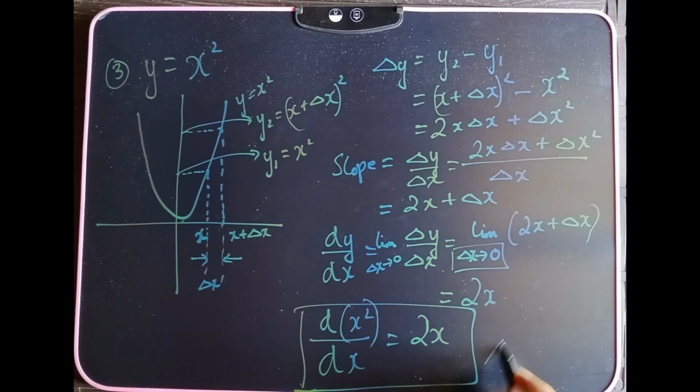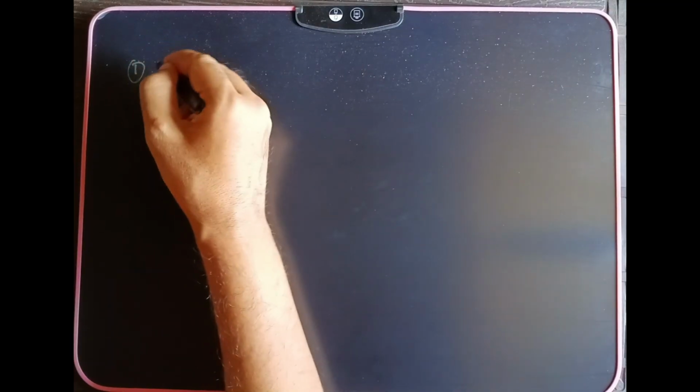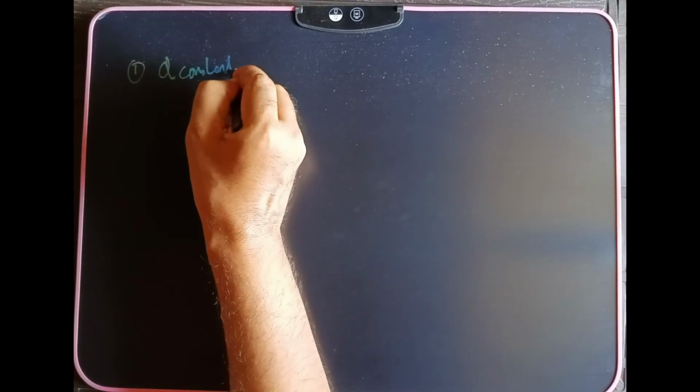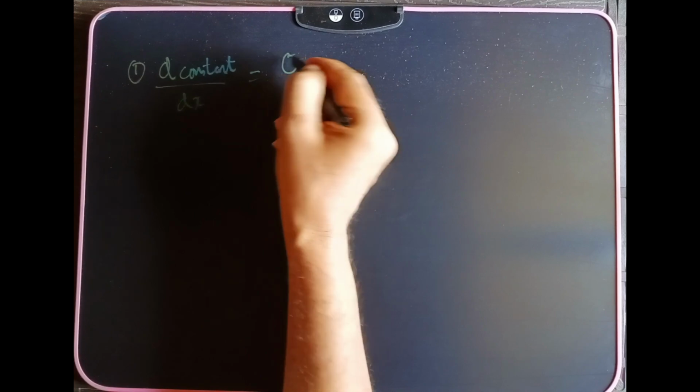I hope this is clear. So this was it about calculus related to differentiation or derivative of various types of functions. We have seen the derivative of three types of function. The derivative of a constant with respect to dx is 0.